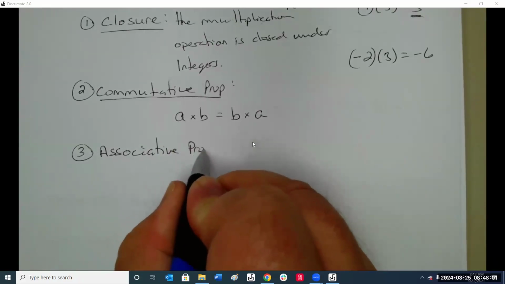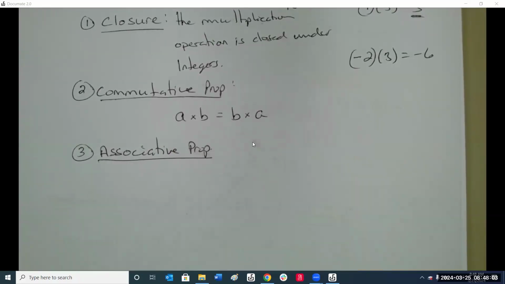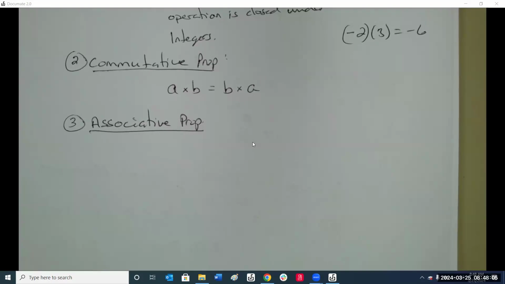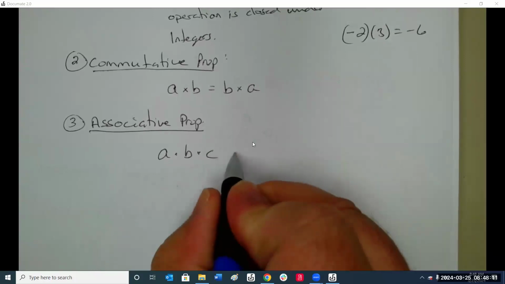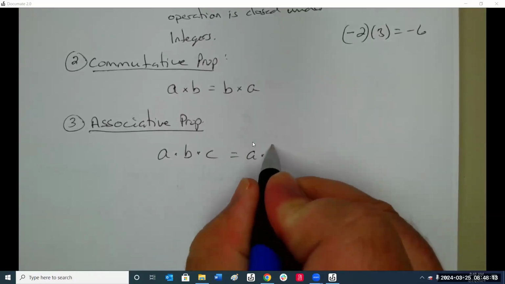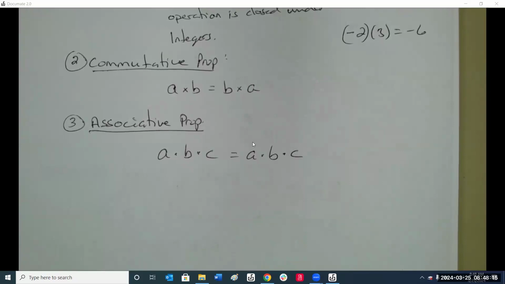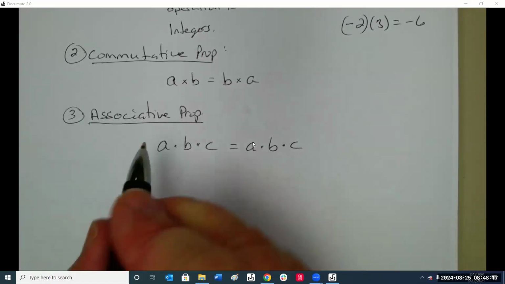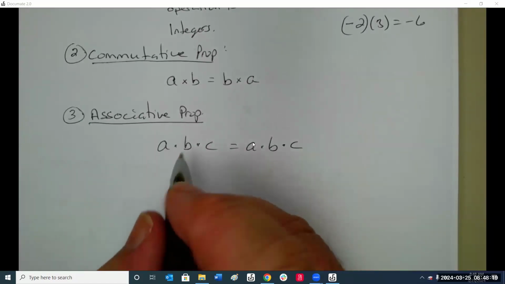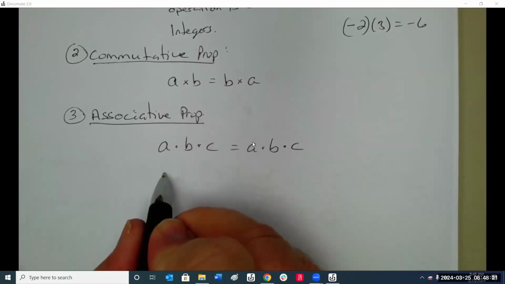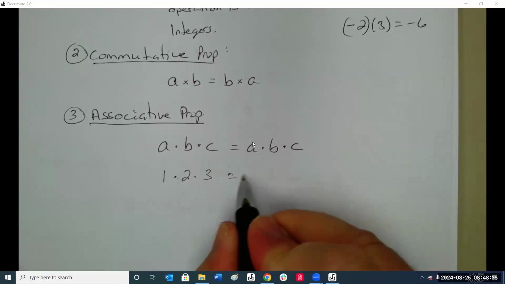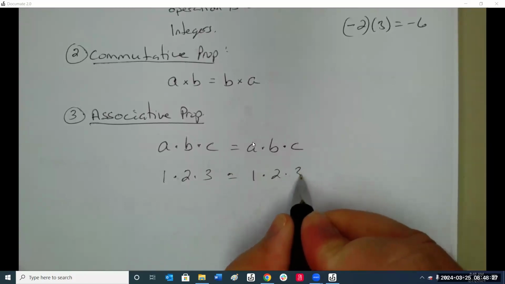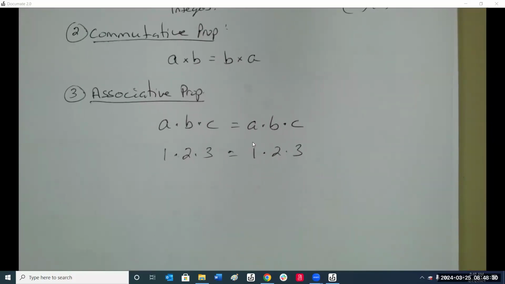The associative property. The associative property says how we group them together. We have three numbers multiplied together, A, B, C. But we can't do more than two numbers at a time. So if we had 1 times 2 times 3, those are the same thing.